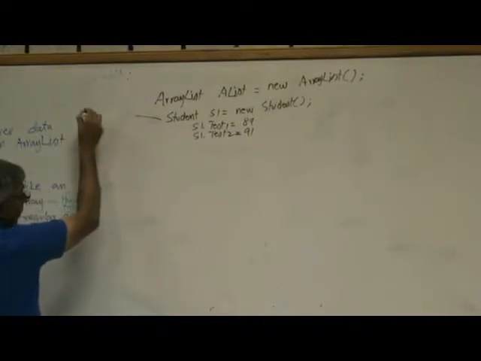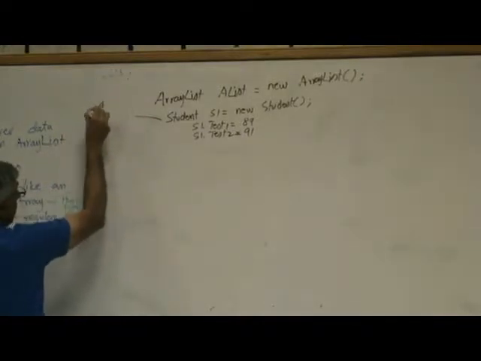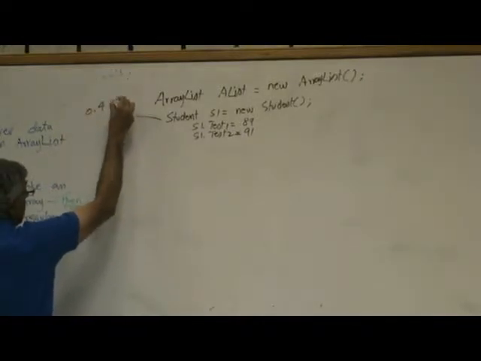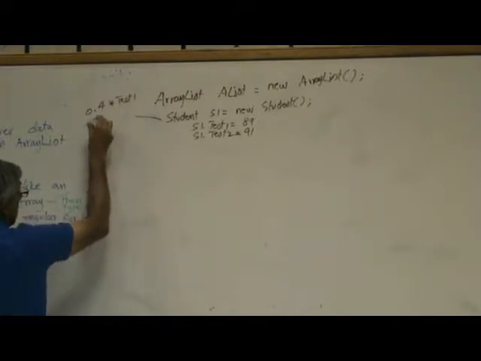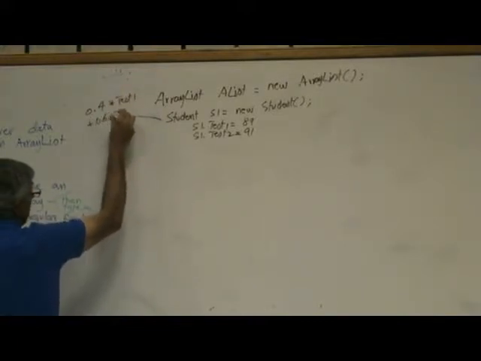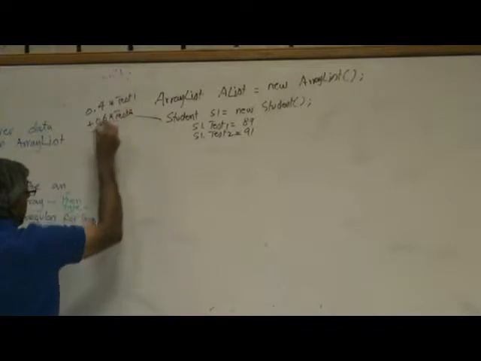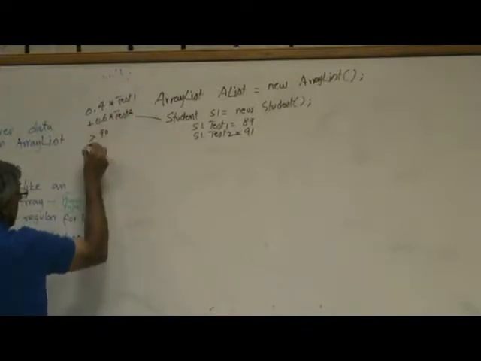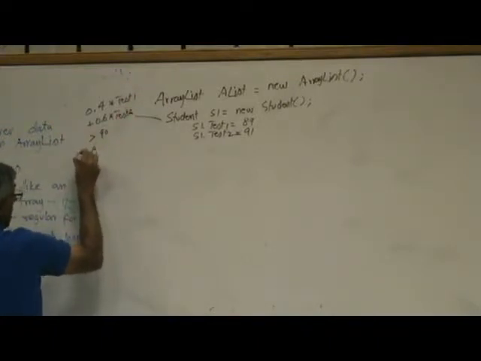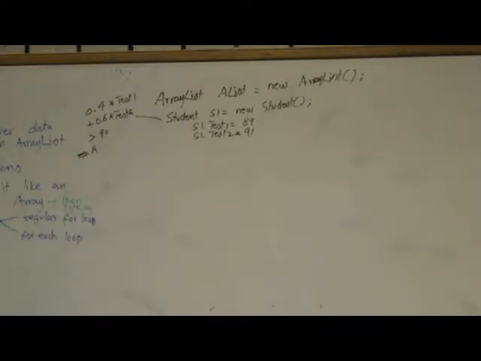Okay, and the formula goes like this. It's 0.4 times test1 plus 0.6 times test2. If that's the case, if it's greater than 90, then it's an A grade. Okay, so that's how the compute grade was written.